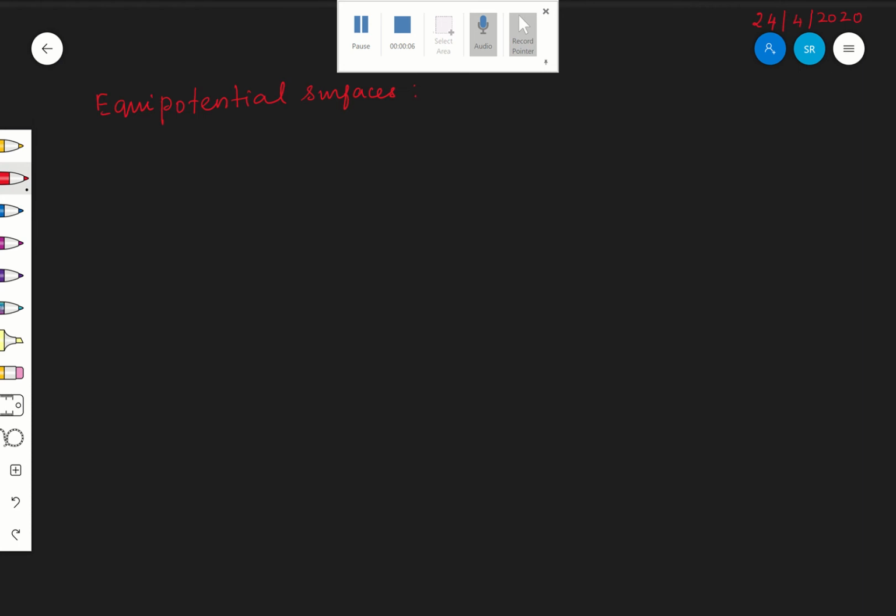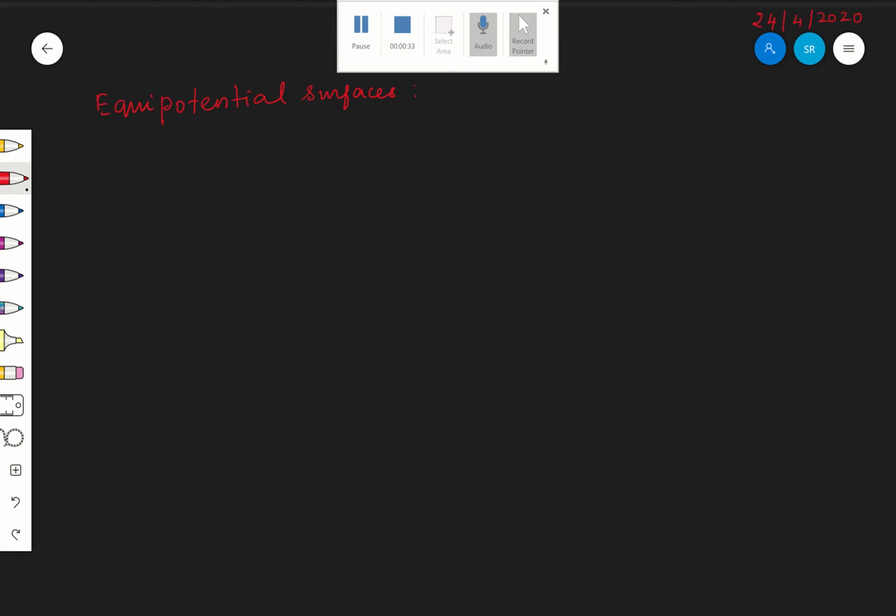Today we are going to see a very important concept, what is called equipotential surfaces. To start with, what is an equipotential surface? It is very clear from the name itself: a surface on which each and every point is at the same potential.